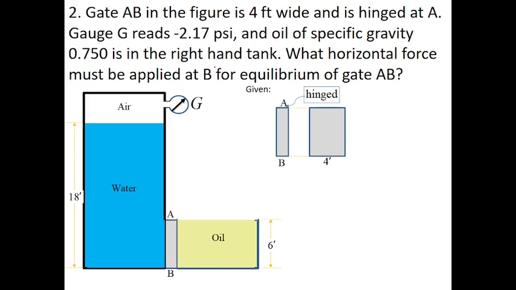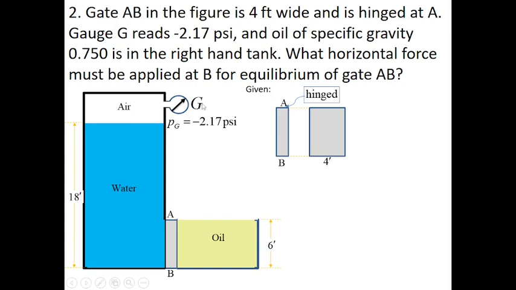So we have here gauge G reads negative 2.17 psi. Ito yung ating gauge meter. Ang reading ng ating gauge meter dito sa part na to ay negative 2.17 psi. Ito yung measurement ng air sa loob ng tank. Ito ay isang closed tank.